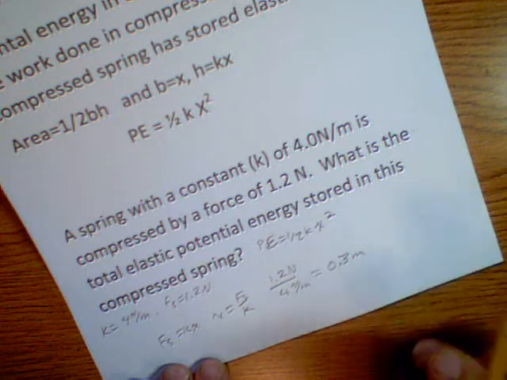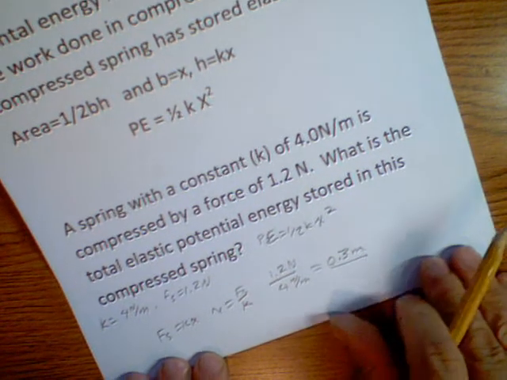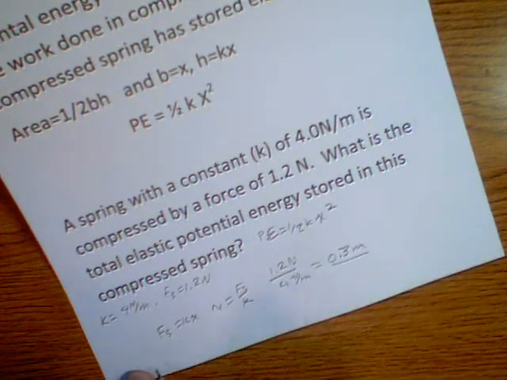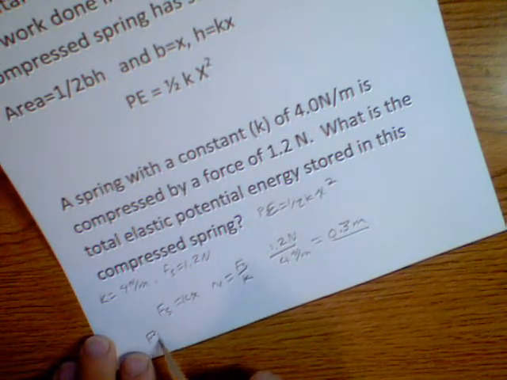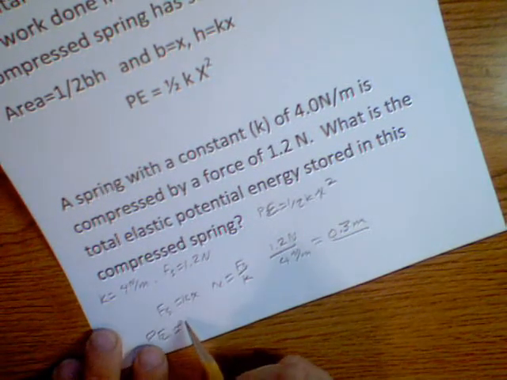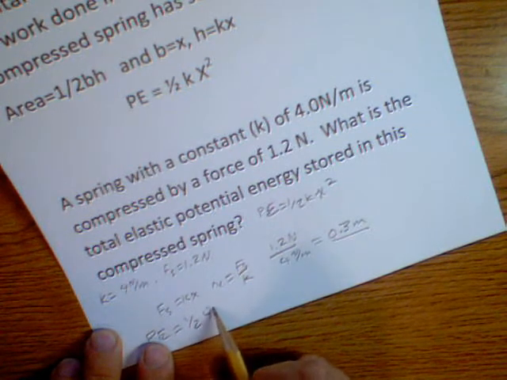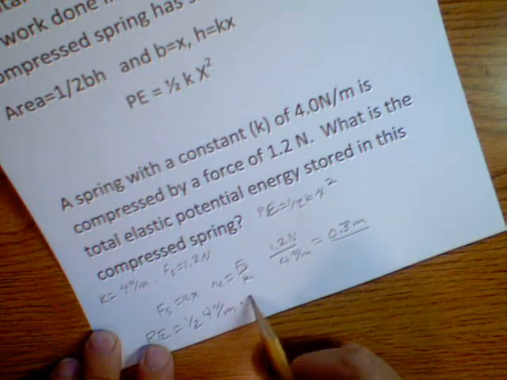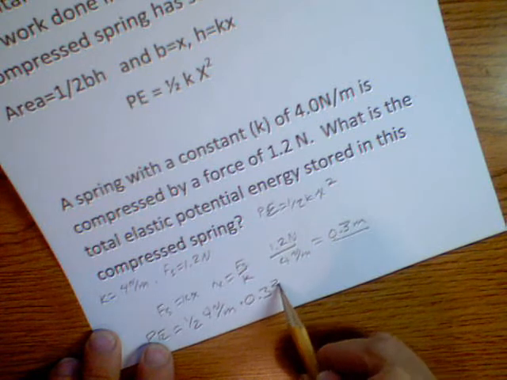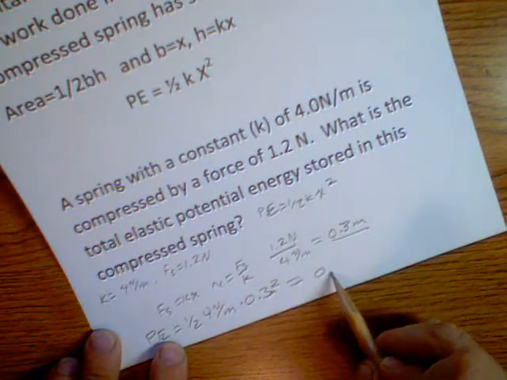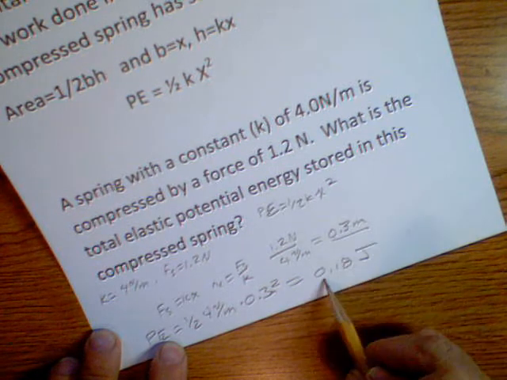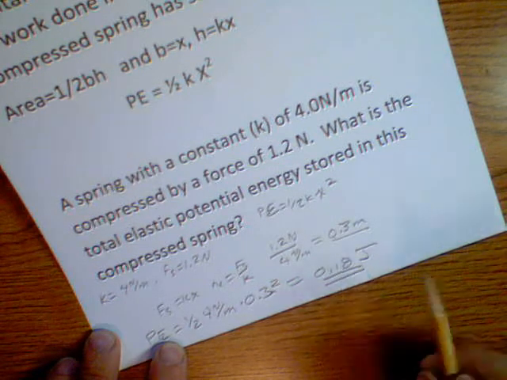Now that we have our meters, we can plug the numbers into our equation. Potential energy equals 1/2 times 4 newton meters times 0.3 squared, and those are meters, and that equals 0.18 joules of energy.